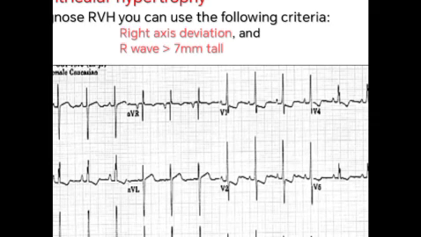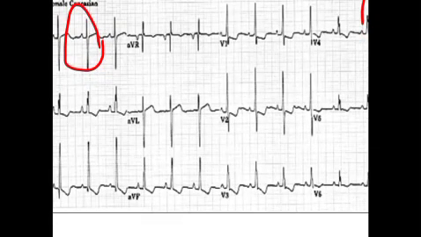We see the axis deviation. To determine the axis deviation, we have to look at lead 1. What do you see here? The S wave is more than the R wave. And look at aVF. This is aVF, I will draw a red circle. It is positive here.